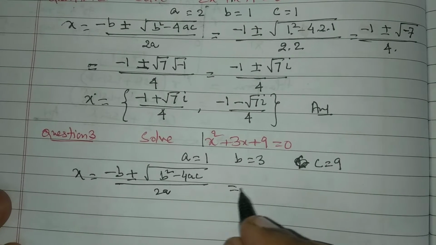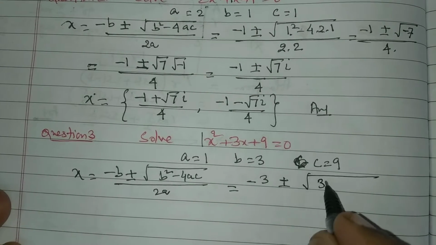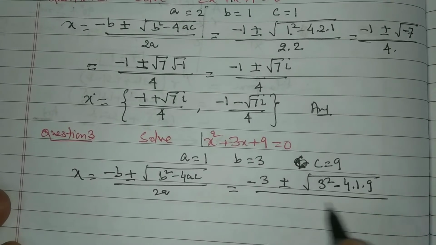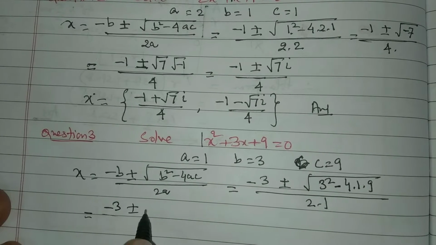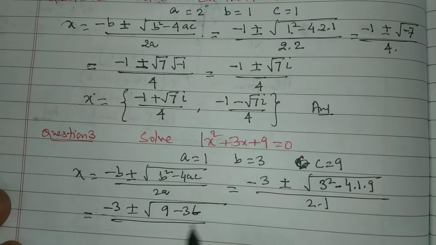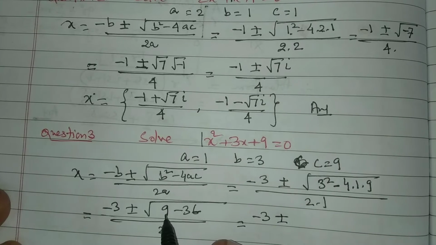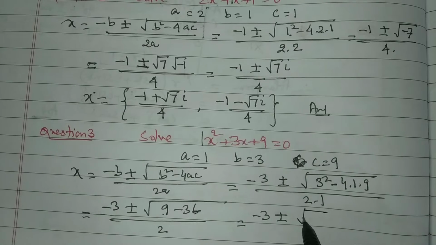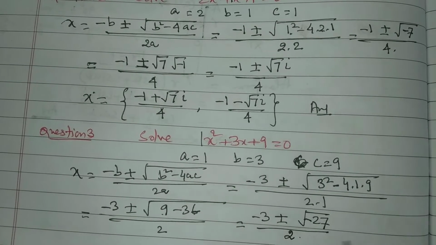So this is minus 3 plus minus root under 3 square minus 4 into 1 into 9 divided by 2 into 1. So it is 9 minus 36, and subtracting over here, it is root under minus 27 divided by 2.